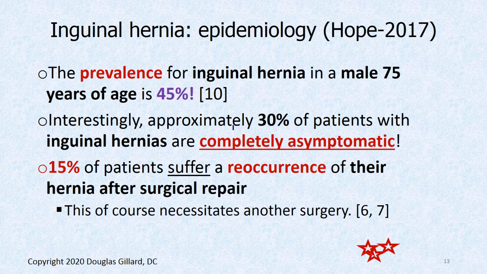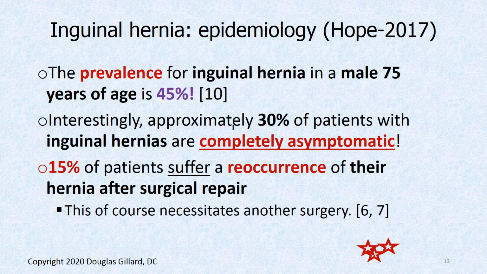The epidemiology, some more, the prevalence for an inguinal hernia in a 75-year-old man. So if you just did a study of, let's say, 1,000 men who are 75 years of age, 45% of them would have an inguinal hernia. So it's almost half of them. But that doesn't mean they're symptomatic.